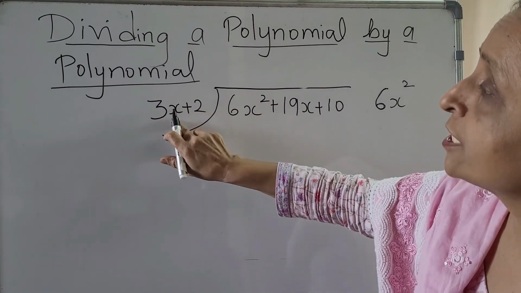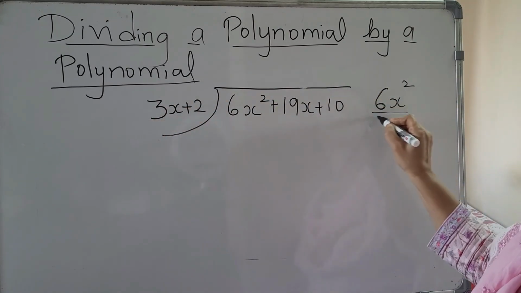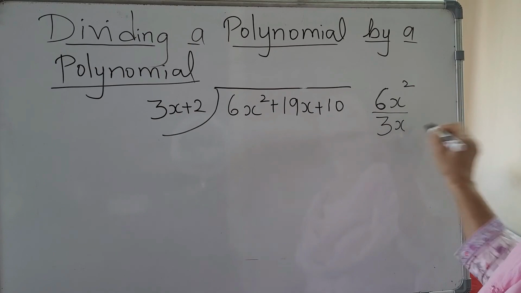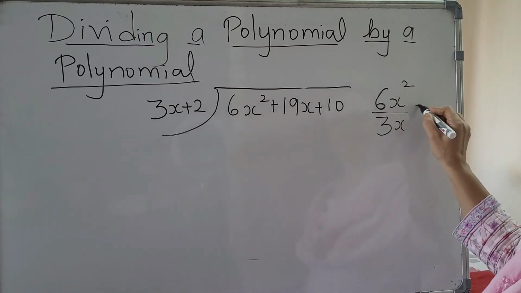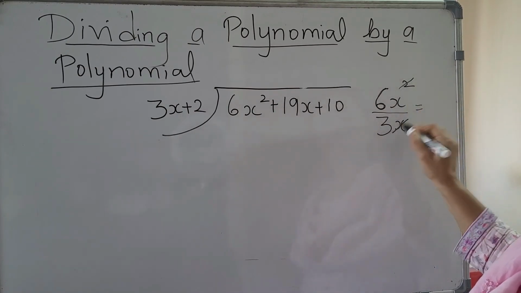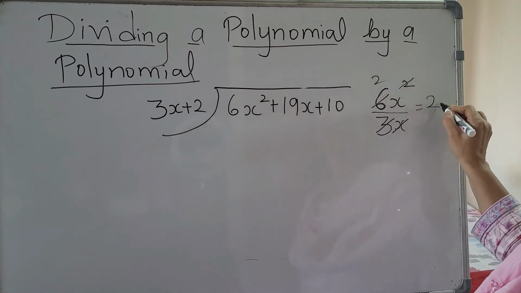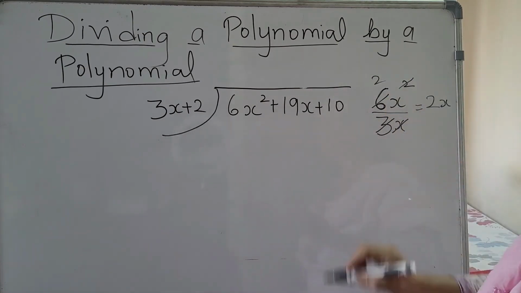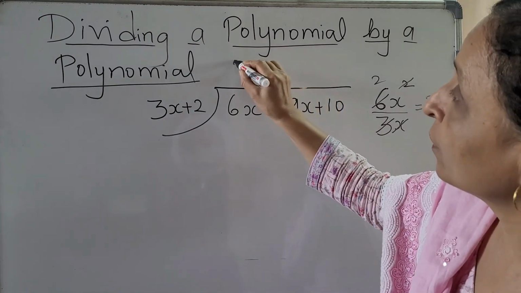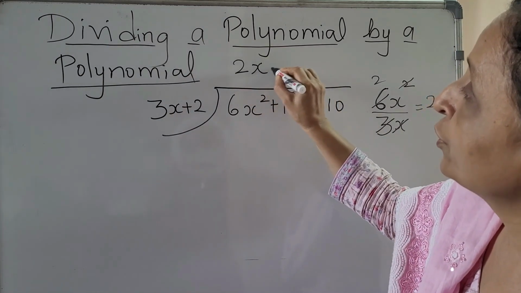Take the first term of the divisor 3x. Now divide, this 1 x will get cancelled. 3 2s are 6, your answer is 2x. Now this 2x you write up, quotient.